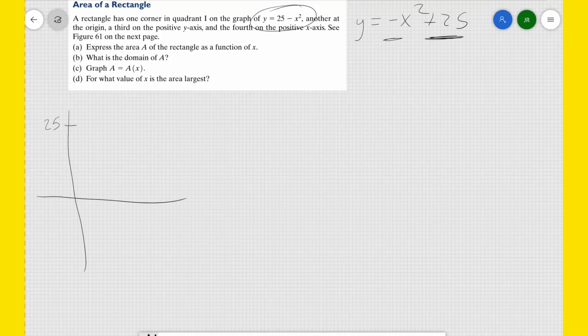Here's 25. It's going to look like that. Okay, and we have one corner of our rectangle on this parabola, another corner at the origin, and obviously the other corners are going to be on the positive x and the positive y axis. So I've got this rectangle right here.